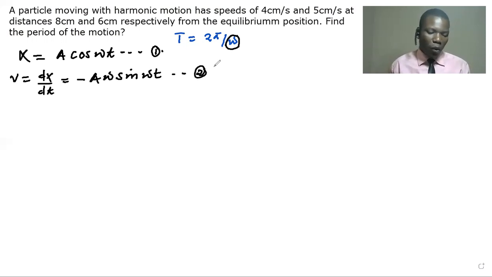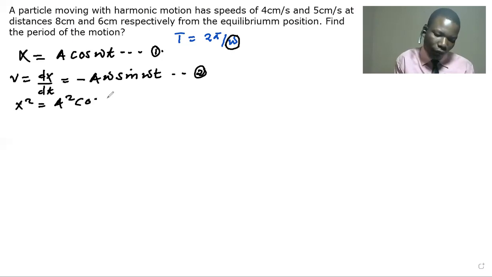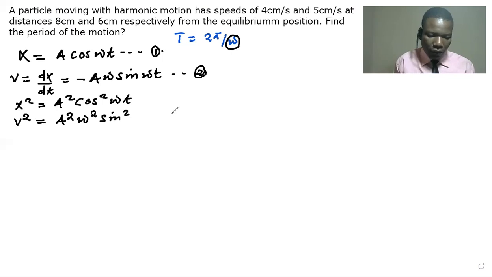So what do we do with that? We square both equation 1 and equation 2, and then we sum them up. When we square equation 1, we get this. And when we square equation 2, the negative becomes positive.